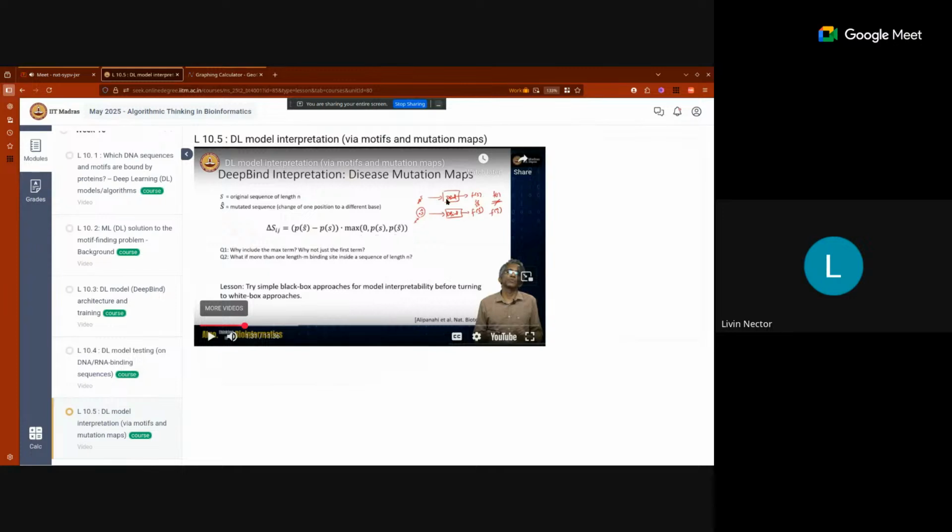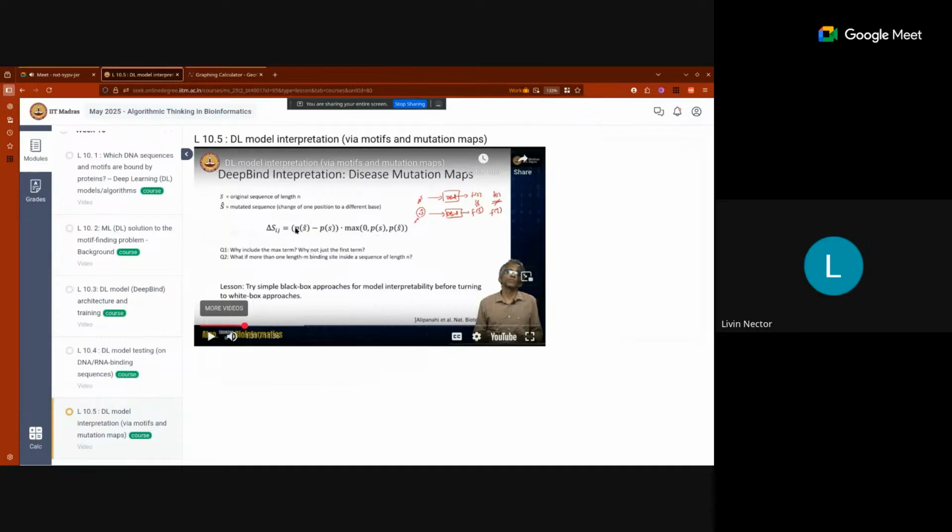So, for example, assume this sequence doesn't bind, so the binding score is 0, then we don't care much about it. If both of these do not bind with the particular thing, then we won't be able to know much information about the mutation from this model, right? That's why this max is there. Assume these two probabilities are very low, then this difference doesn't make much sense.